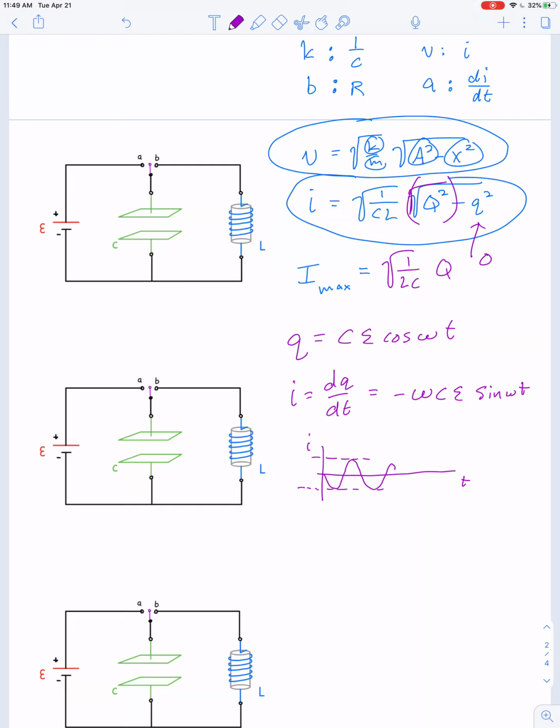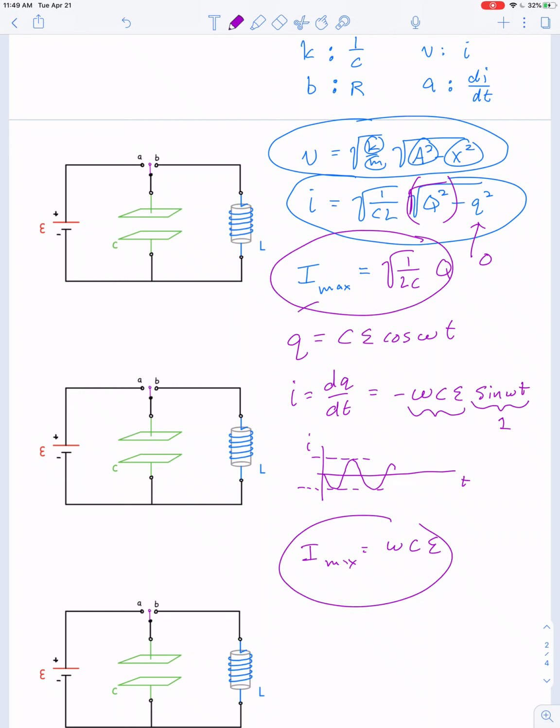And of course, the maximum you ever get from this part of the expression is 1. And so the maximum current should be equal to omega times C times epsilon. Now, do these two expressions agree with one another?